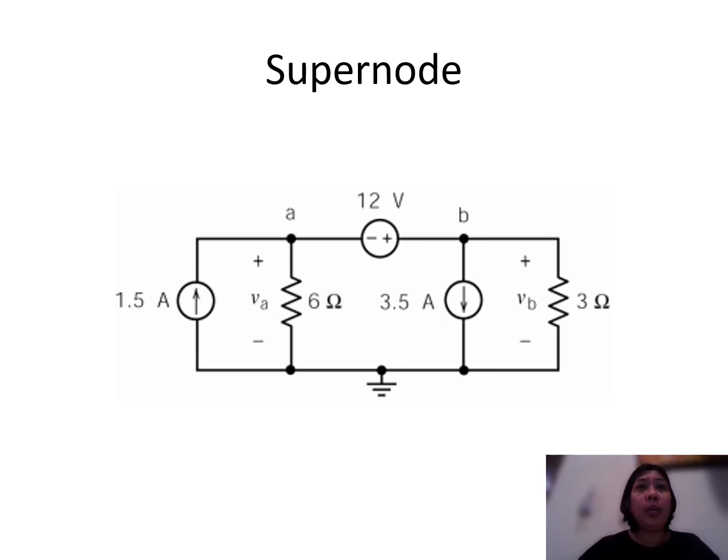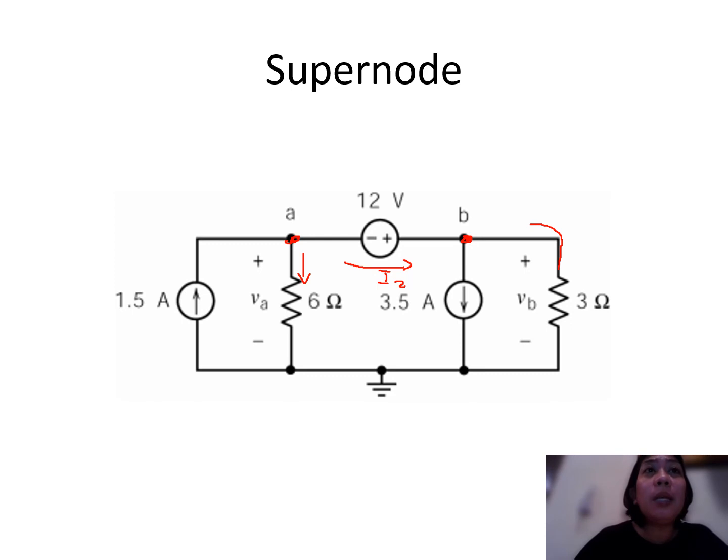What we're going to do is look at our node A and node B here. We will be analyzing the circuit using both node A and node B. For node A, we will assume that all currents are leaving node A. Let us call this your I2, and let us call this your I3.